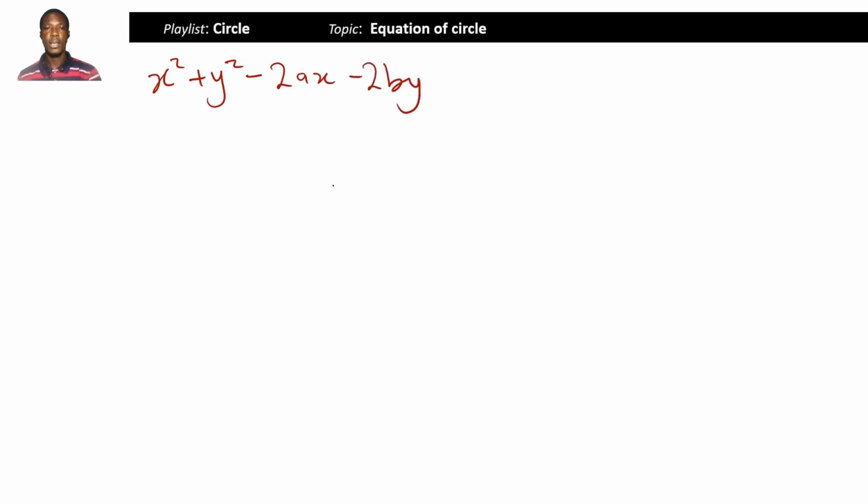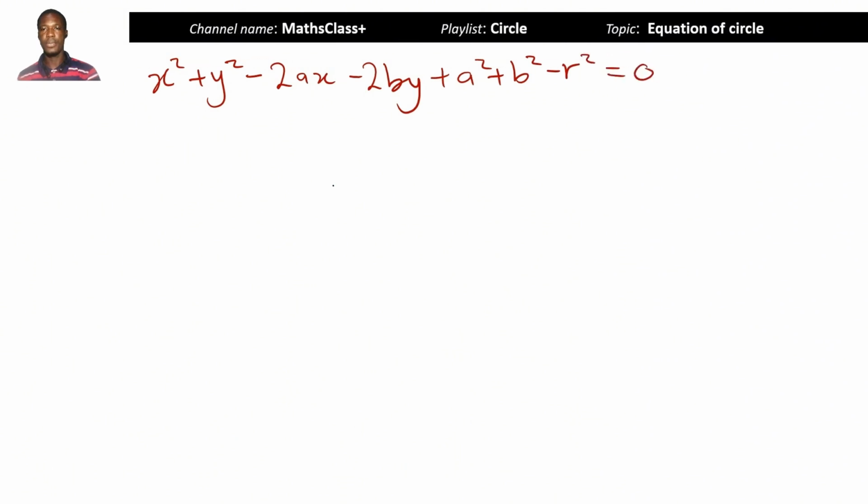Now we have the equation of the circle as x squared plus y squared minus 2ax minus 2by plus a squared plus b squared minus r squared is equal to 0.